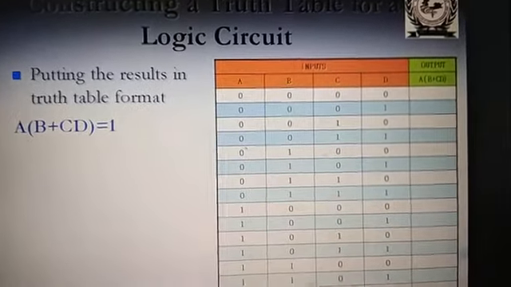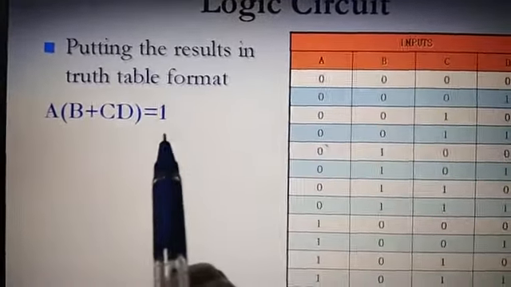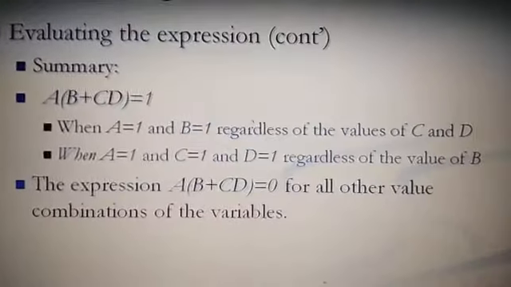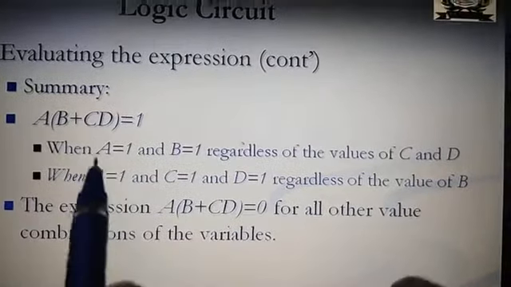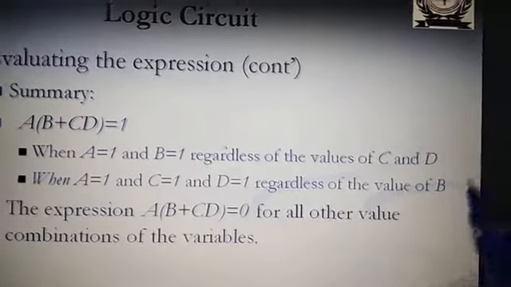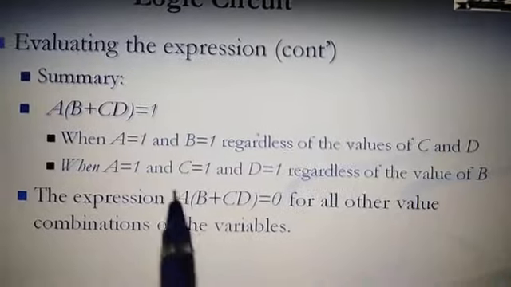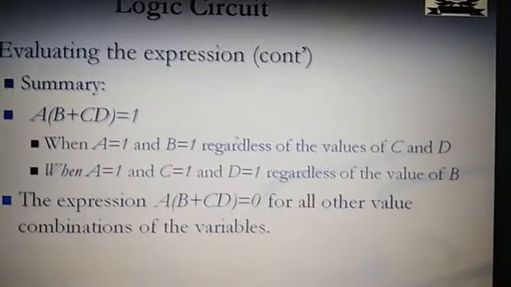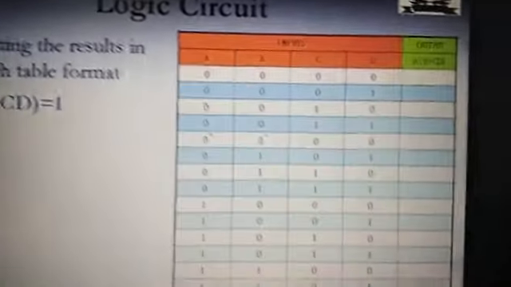So we can put the results in the truth table format. You can see here A into B plus CD is equal to 1, and I have already told you this. It becomes 1 when A is 1, B is 1 regardless of C and D, and when A is 1, C is 1, D is 1 regardless of the value of B. So you can put this output 1.